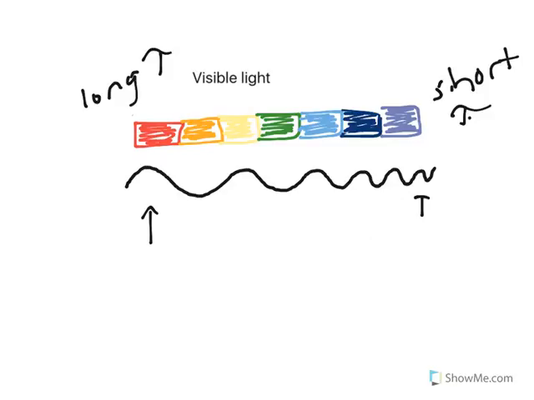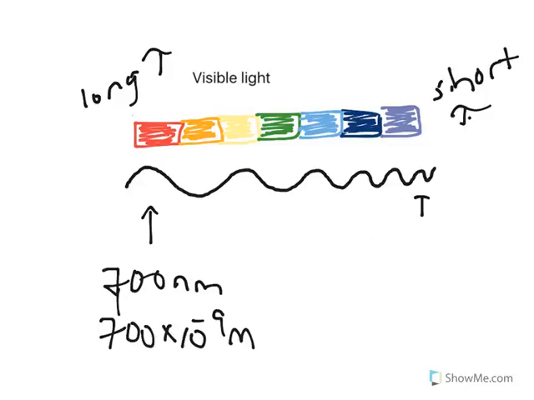Now let's look at the values for wavelength. For red, you're looking at a value of somewhere around 700 nanometers, or 700 times 10 to the minus 9th meters, which means to move the decimal place 9 places to the left.